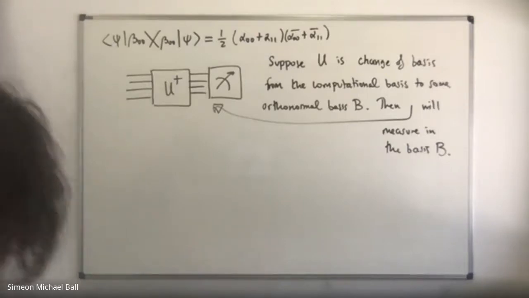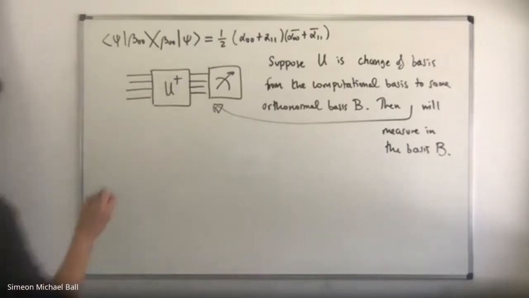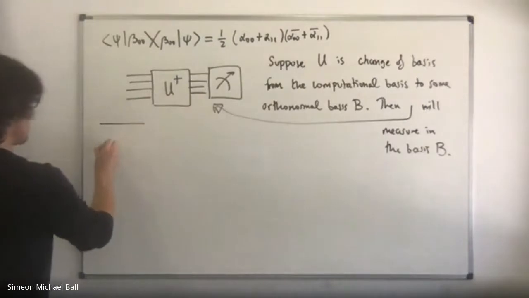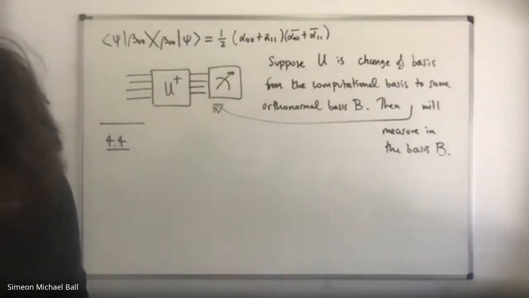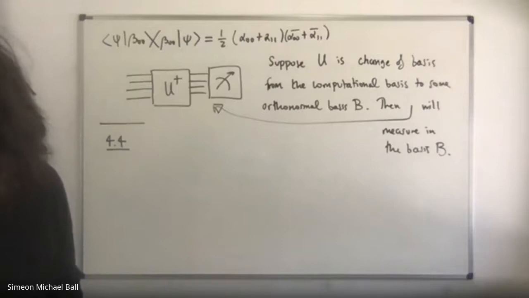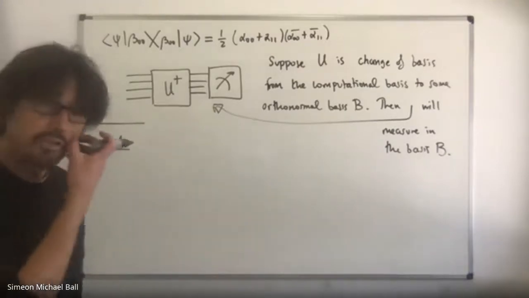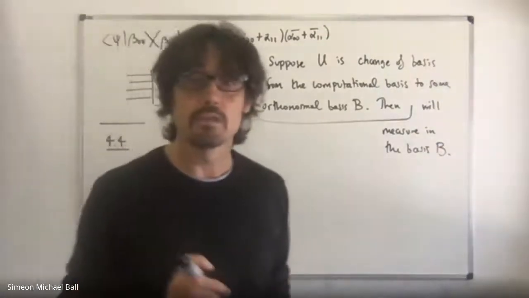Goodness me, we still have quite a lot. So now we're going to start our quest to prove that the Hadamard, C-NOT and the T gate are a universal set if we allow ourselves some small error.